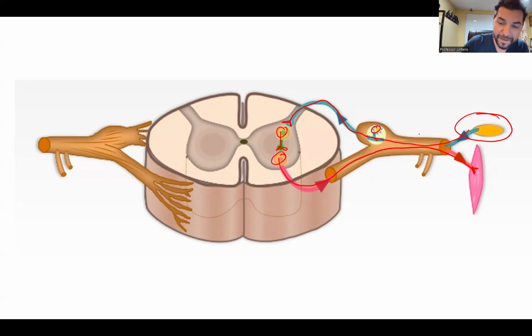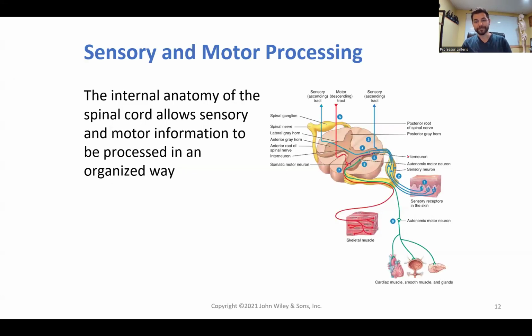The key thing I'm highlighting here, spinal nerve, sensory, versus motor. This is a little bit more detailed of a similar picture. But again, it highlights the same thing, right? We can see the sensory neurons entering through the back.